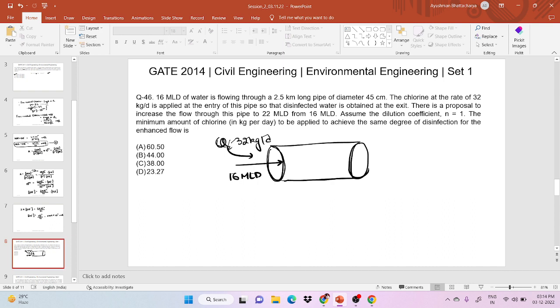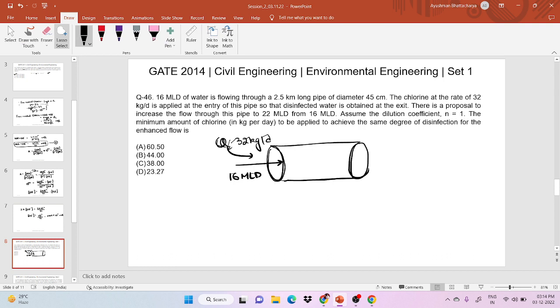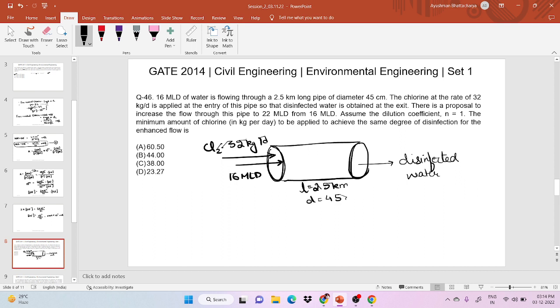So the rate of Cl2 is 32 kg per day, and this is disinfected water from the other side. In this pipe the length is 2.5 kilometer and the diameter is 45 centimeter.